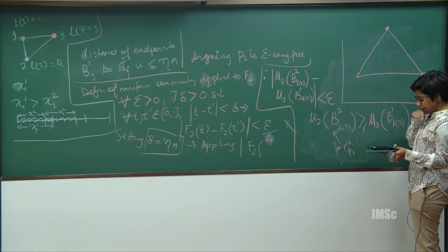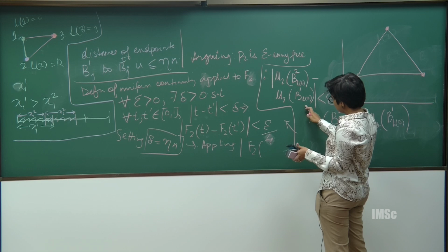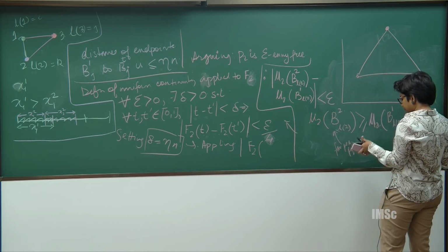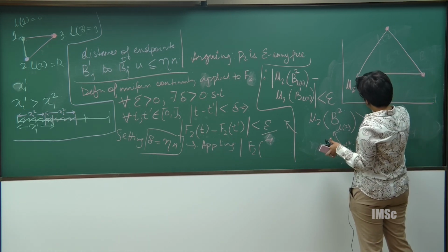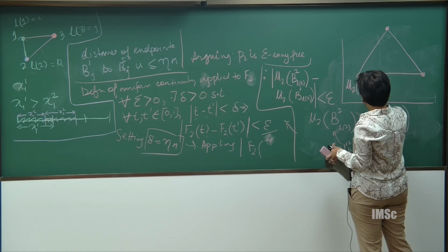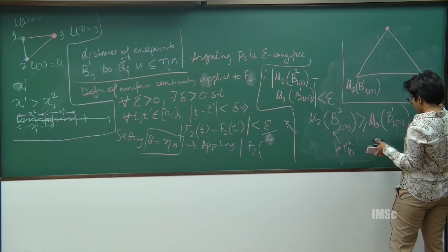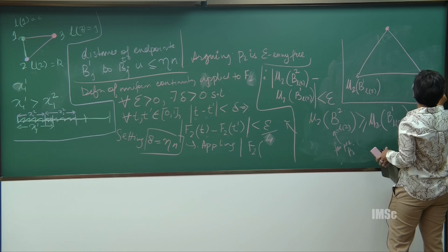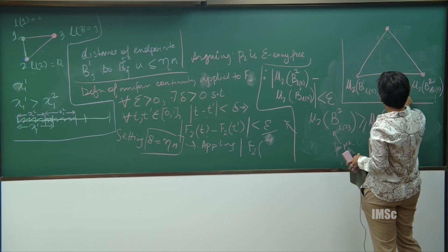So mu 2 of L2, this is mu 2 of B2 phi 2 L2. This is, let us say, less than epsilon.